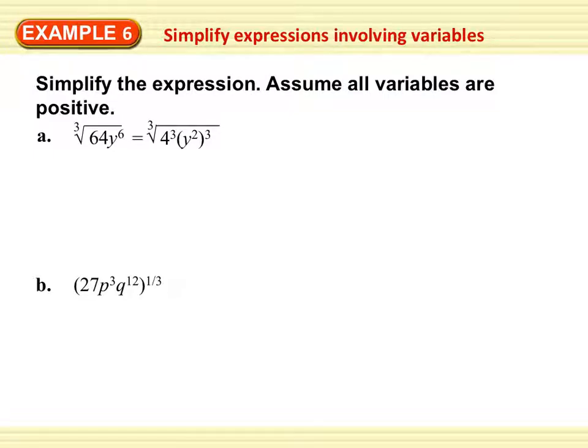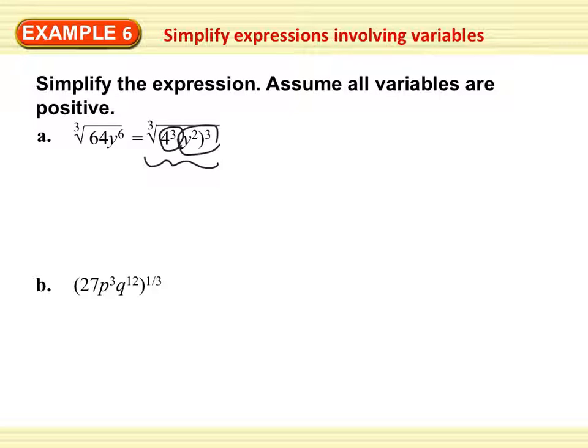So simplify the expression, assume all variables are, in fact, positive. If I see here, I have third root of 64 y to the 6th. I can actually simplify 64 to 4 to the third power, and y to the 6th is y squared to the third power.